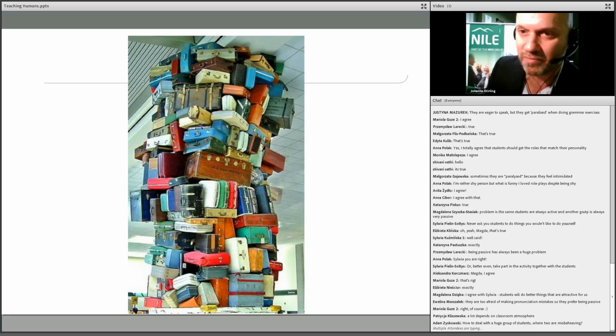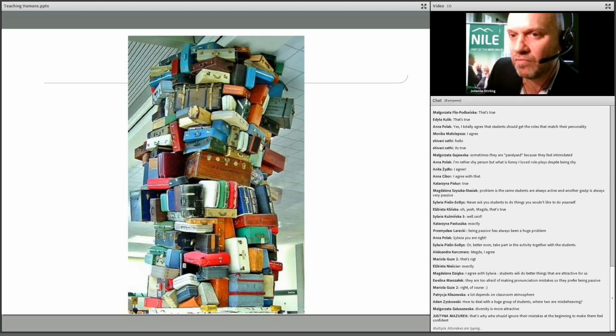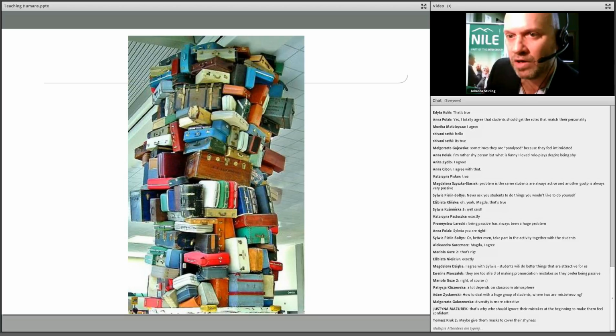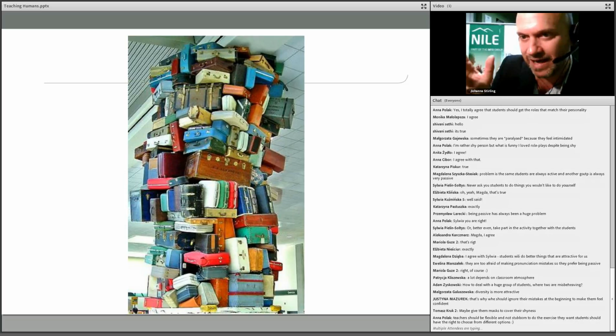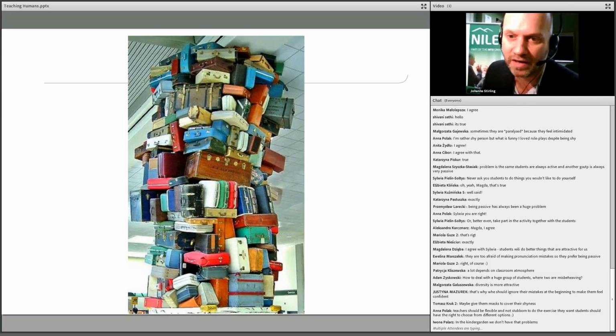I didn't study through a grammar translation method, and I found that I didn't become overnight a fantastic speaker, but I was able to succeed much more through communication and picking up the language and understanding the rules from communication than from the grammar translation method. And that was my baggage, that was my experience.